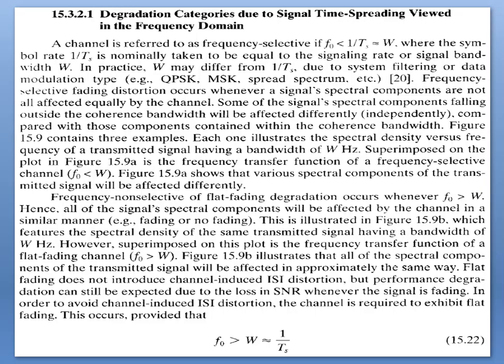As a mobile radio changes its position, there will be a time when the received signal experiences frequency selective distortion even though f0 is greater than W. Where a null in the transmitted signal spectral density occurs, the baseband pulse can be especially affected by the depletion of low frequency components.